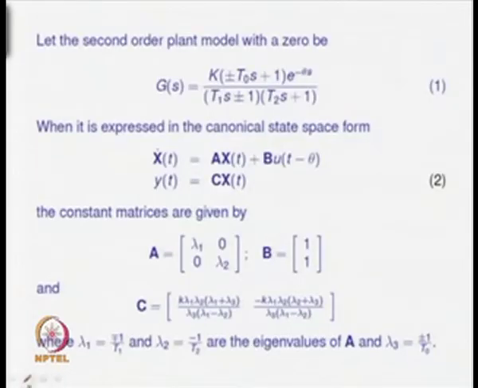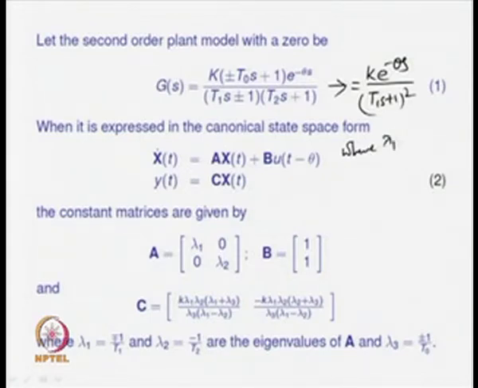So, ultimately this same general expression can also be obtained in the form of G(s), which can be expressed as a transfer function model with pole multiplicity: k e to the power minus theta s upon (T1 s plus 1) squared, when lambda 1 is equal to lambda and lambda 2 is equal to lambda minus alpha, where again alpha tends to 0.